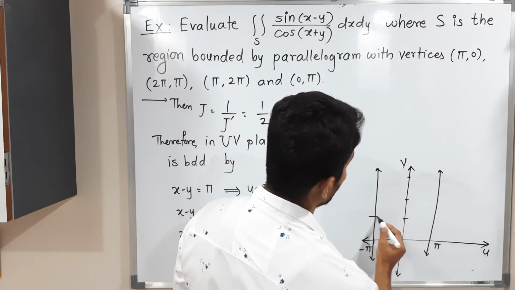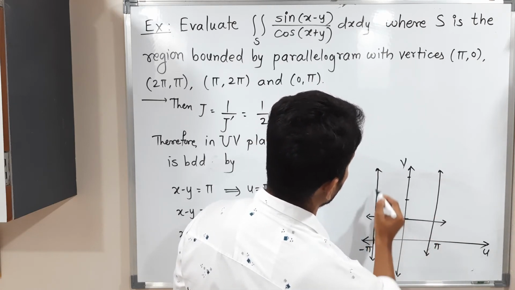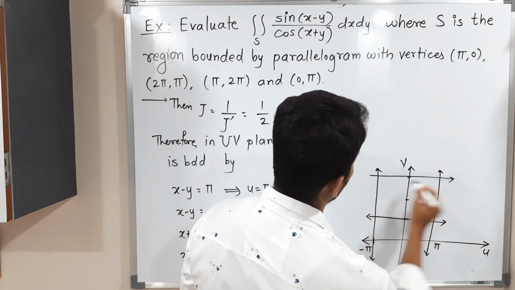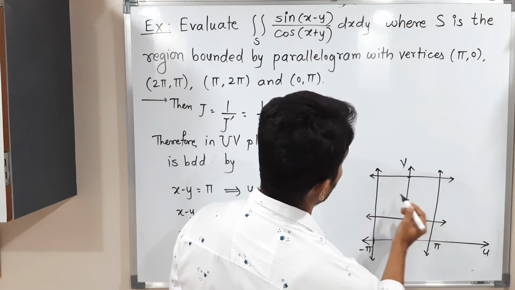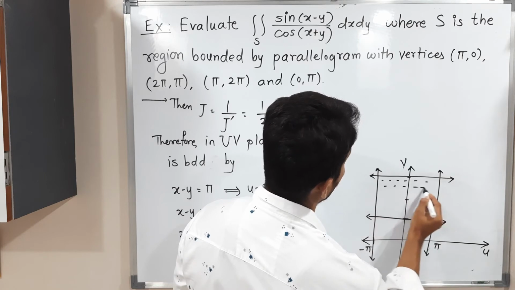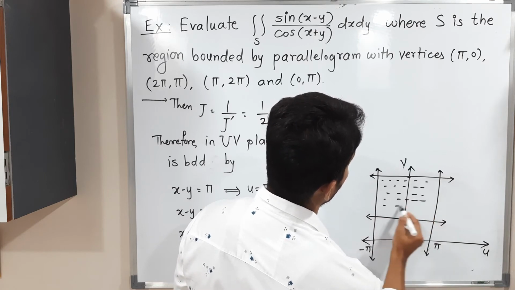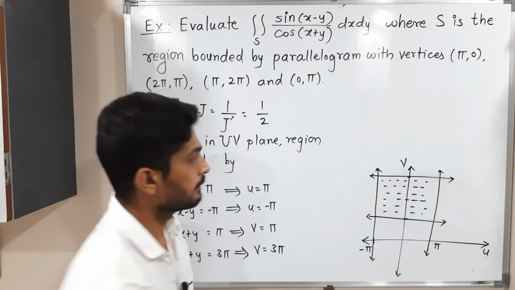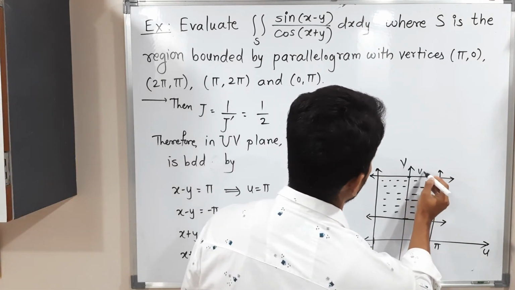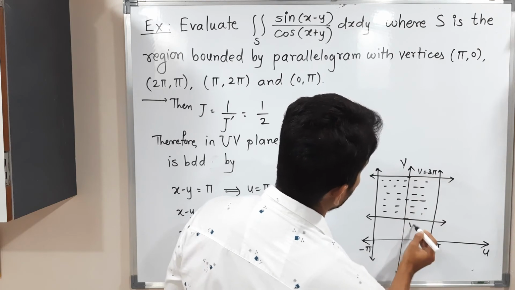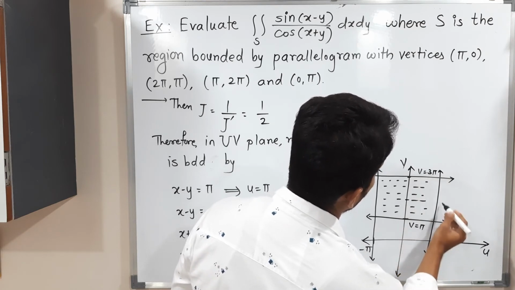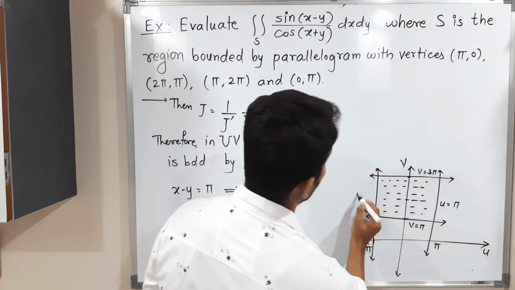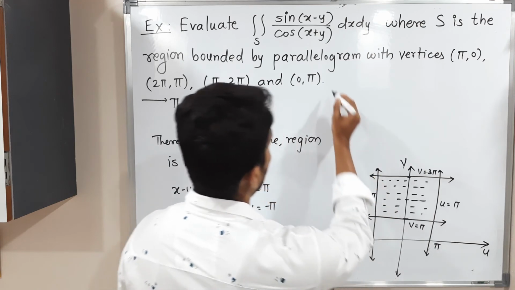This is v is equal to pi and this one is v is equal to 3 pi. So this is the region in the UV plane. I will mention here, this is v is equal to 3 pi, v is equal to pi, u is equal to pi, and u is equal to minus pi.